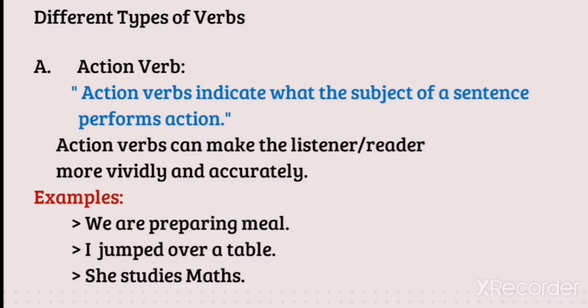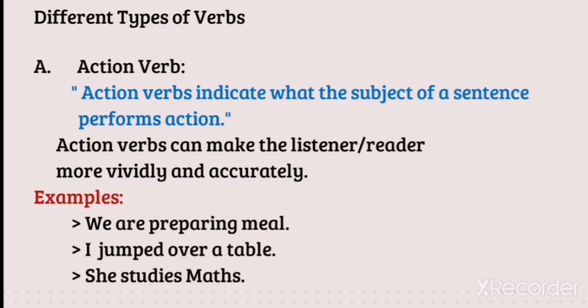Or we can say action verb indicate the action of the subject, and we use such kind of verb in English writing and speaking in 12 tenses. आमतौर पर जो 12 टेंसेस हैं उसमें जो हम वर्ब इस्तेमाल करते हैं जिसको हम एक्शन वर्ब या मेन वर्ब भी कहते हैं, तो उसको हम एक्शन वर्ब कहते हैं.